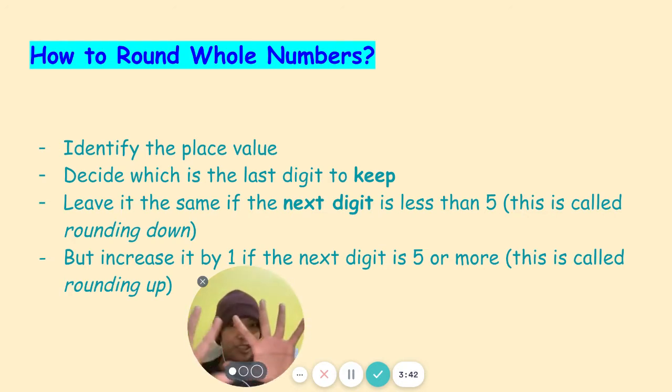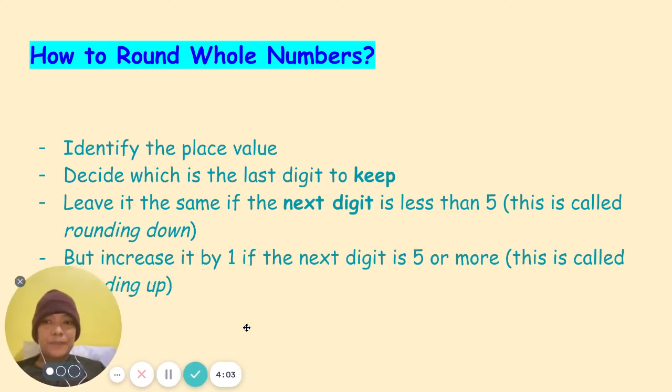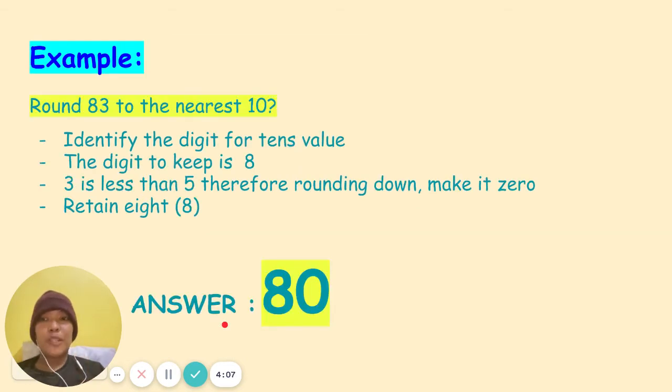So, tig 5 po sila. Naintindihan po? Kung bakit ma'am kasama yung 5 sa rounding up? It's because 0, 1, 2, 3, 4, rounding down. Rounding up, 5, 6, 7, 8, 9. So, tig 5 po. Okay? So, ayun.